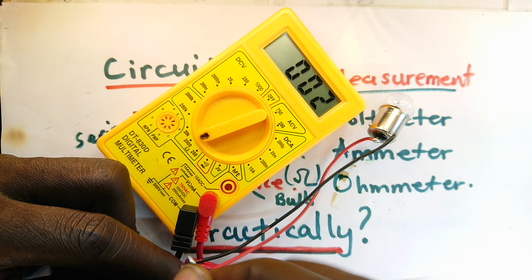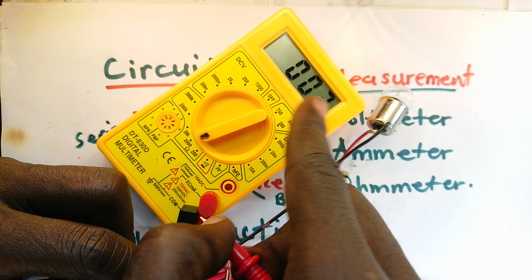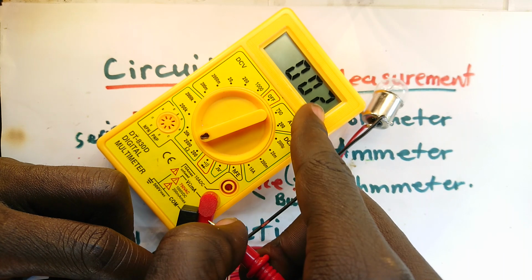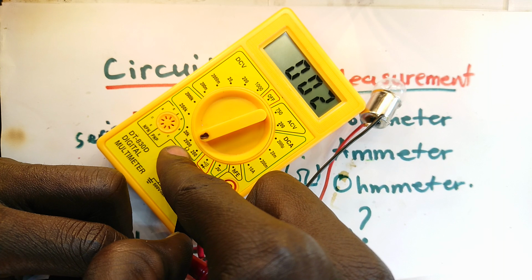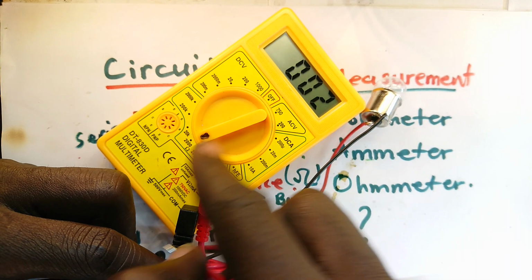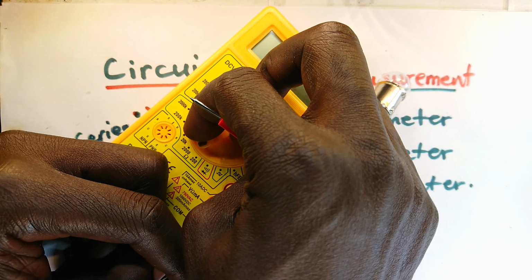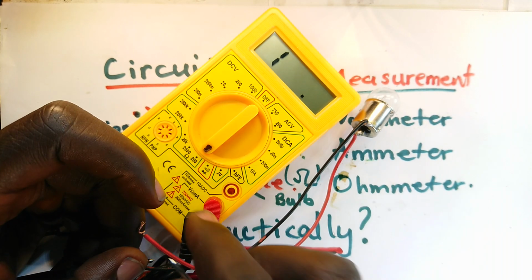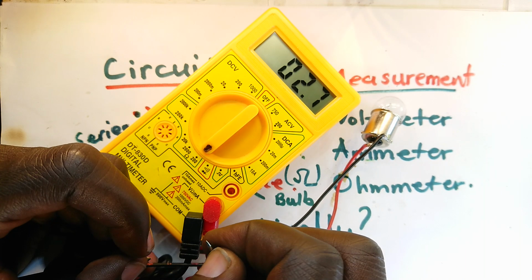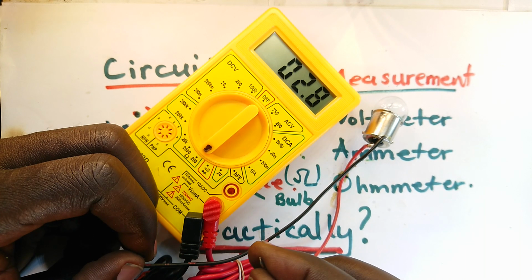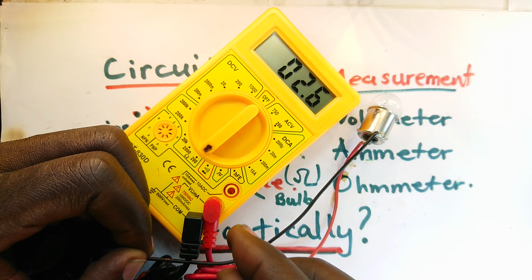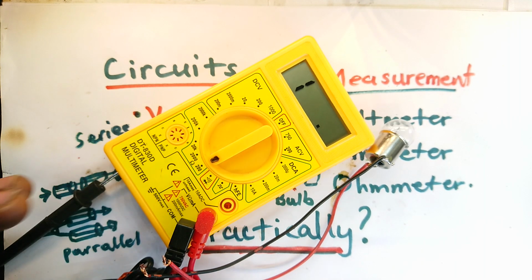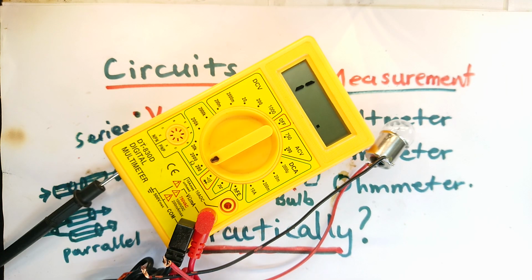Okay, so this is corresponding to that. So this would mean that 2 is in the thousands, so that's 2000 ohms. Let me first drop it to 200 and see if it will give me a value. Okay, anyway, that's how you measure the resistance across.